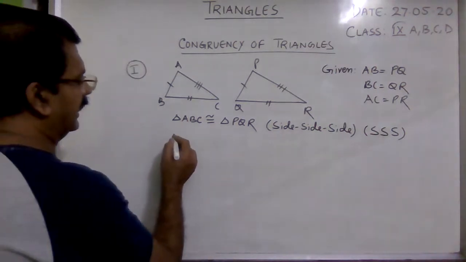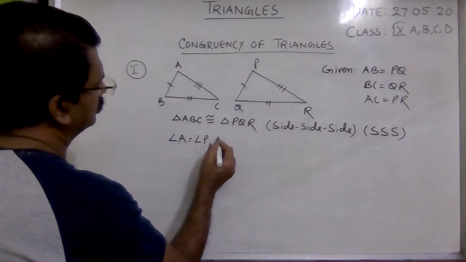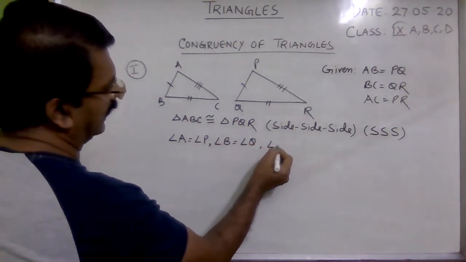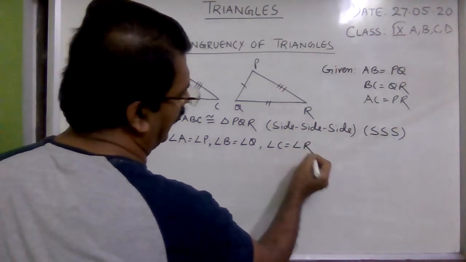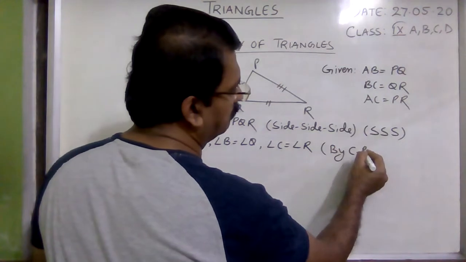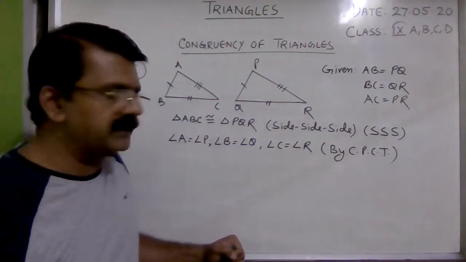So we can say angle A is equal to angle P, angle B is equal to angle Q, angle C is equal to angle R, by CPCT. Now what is the full form of CPCT?